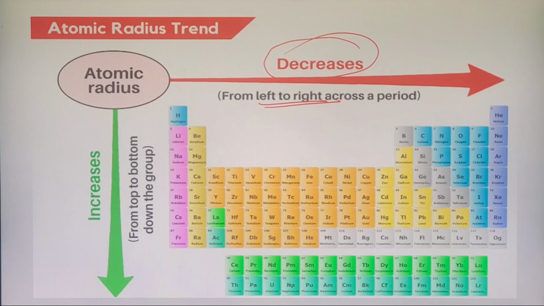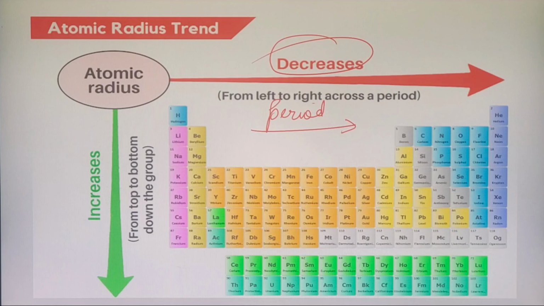If you have any doubt here, please go back to the playlist. Have a look at the atomic radius first, because only if you understand this trend will you understand what the ionization potential trend actually is. You should remember that atomic size from left to right, that means across a period, is going to decrease, and from top to bottom it is going to increase.